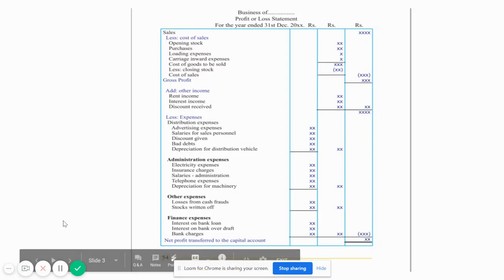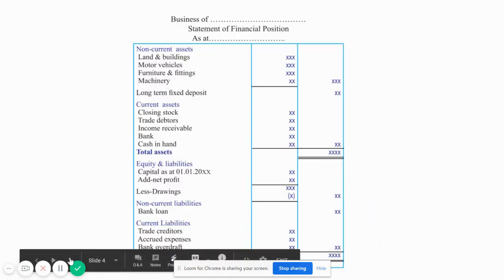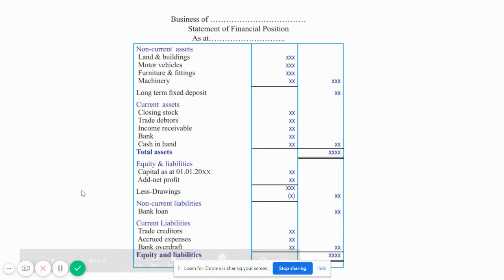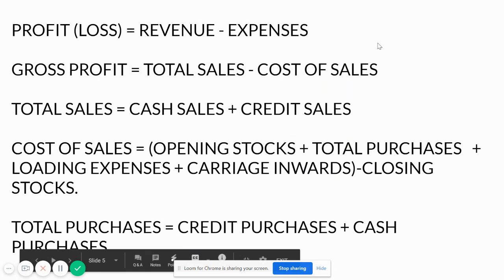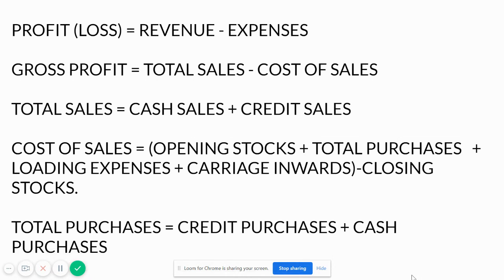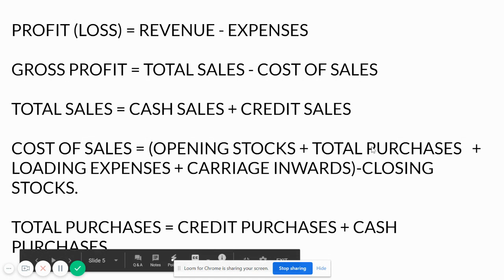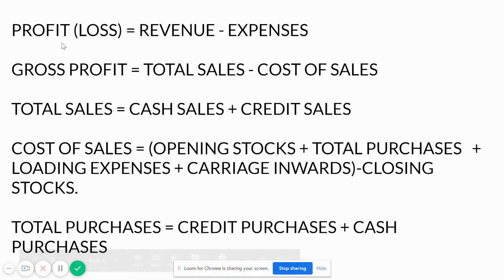As you all know, what do you mean by the profit, or how can we calculate the profit? The revenue or the total income that you have earned out of something minus the total expenses that you have spent will give you a profit or a loss.